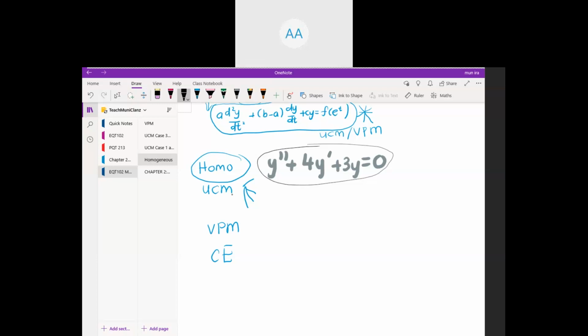Why you say this one is homogeneous? Abdullah, I ask you why you say that this equation is homogeneous equation.